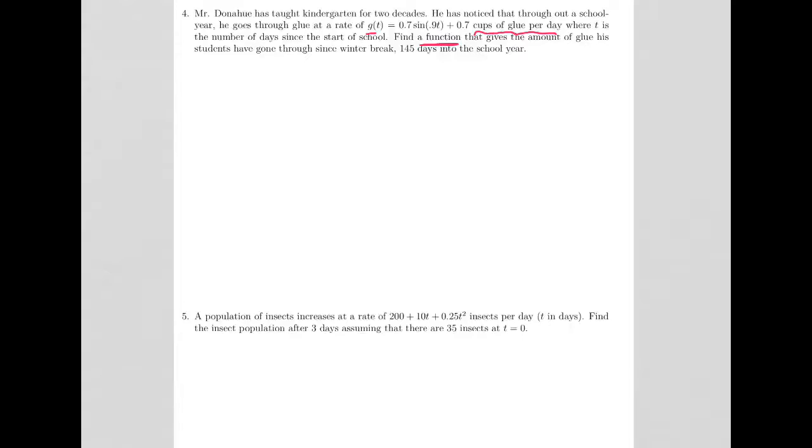And so if we set this up, since it's a part 2, we're going to end with x. And we're going to be doing it with this rate, so 0.7 sin(0.9t) + 0.7 dt. Then what you want to know is where you start keeping track of the amount of glue.